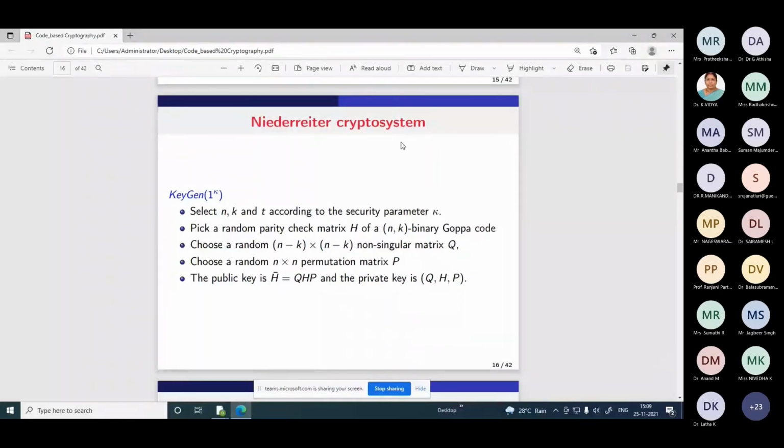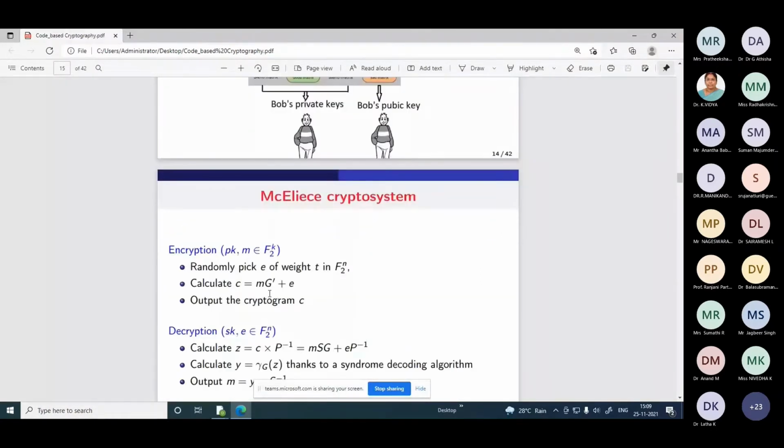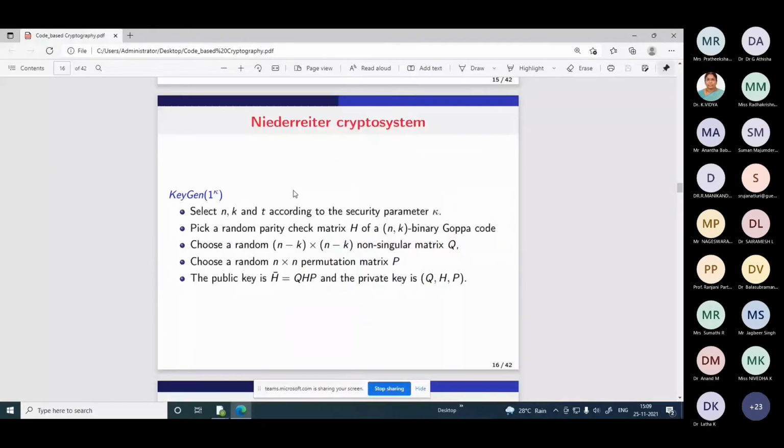In McEliece we are using the generator matrix of a code, whereas in the Niederreiter crypto system, a code is chosen and the parity check matrix of the code, H, is taken, and he hides the parity check matrix with an invertible matrix Q and a permutation matrix P. That is, he disguises the structure of the code.